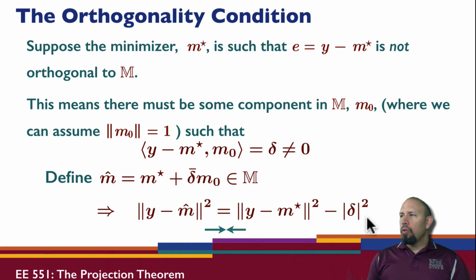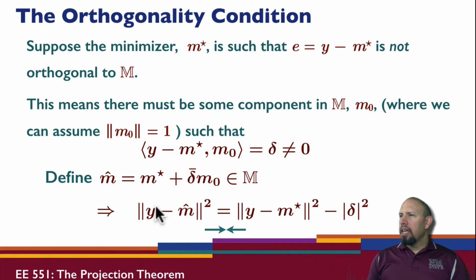This comes out because the norm of delta bar M naught squared is delta quantity squared. So we actually get a negative sign here.